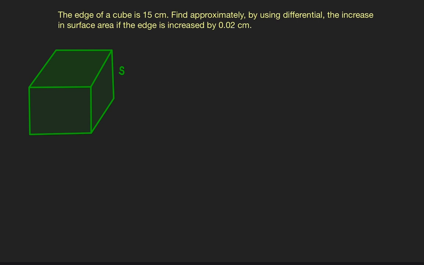Now, the edge of the cube is 15 centimeters, and we are to find the increase in the surface area if this edge is increased by 0.02 centimeters. So S is 15 centimeters.